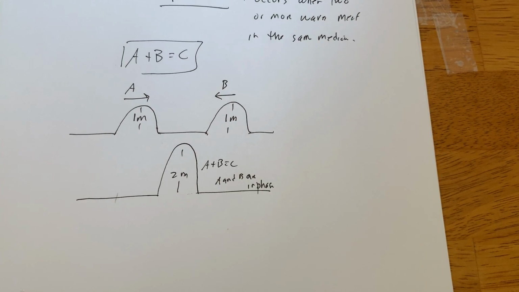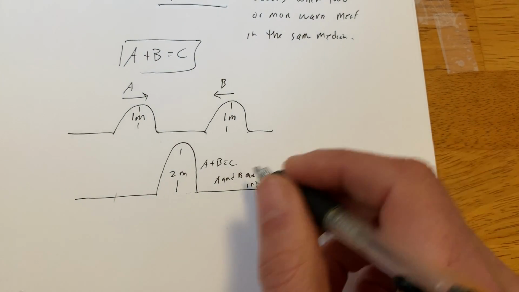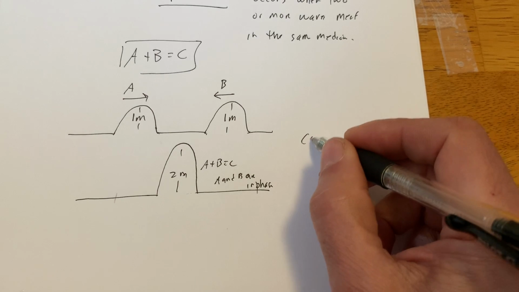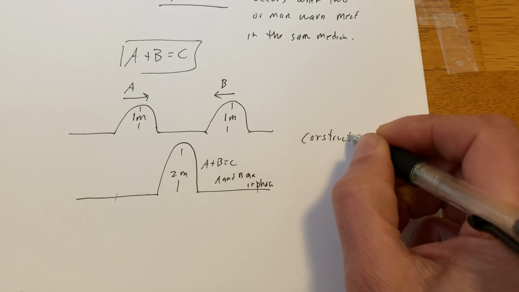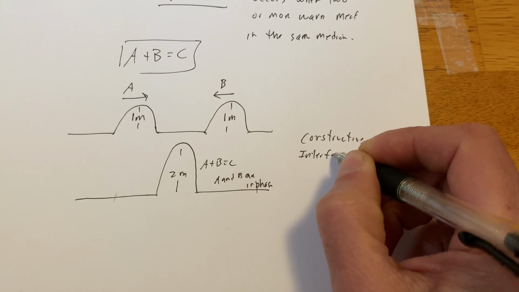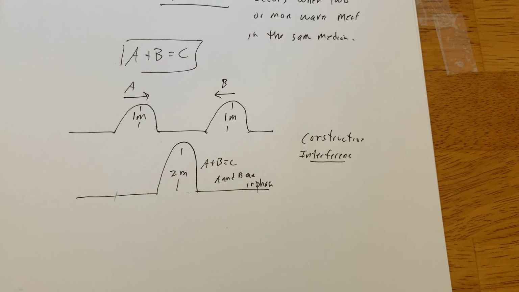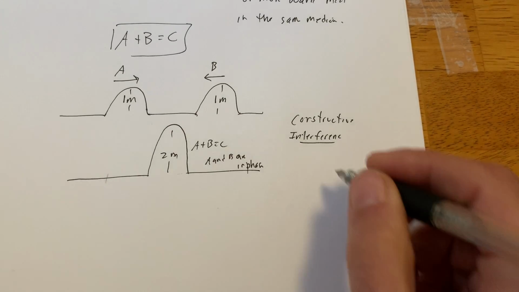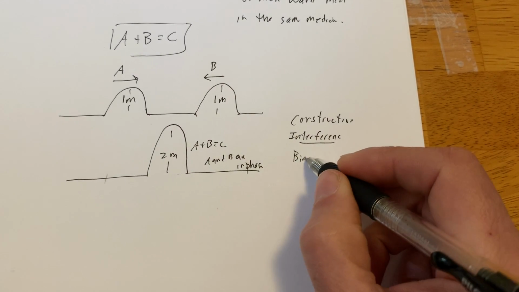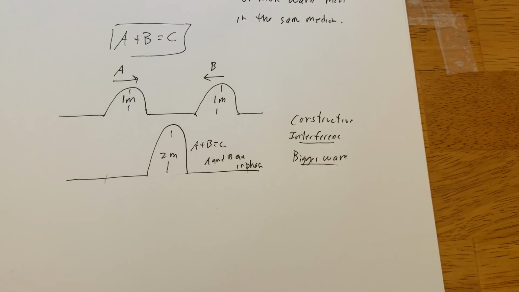It is superposition, right? So this right here is called constructive interference. Constructive interference, just as it would imply, right? I get a bigger wave than we had before, constructive.